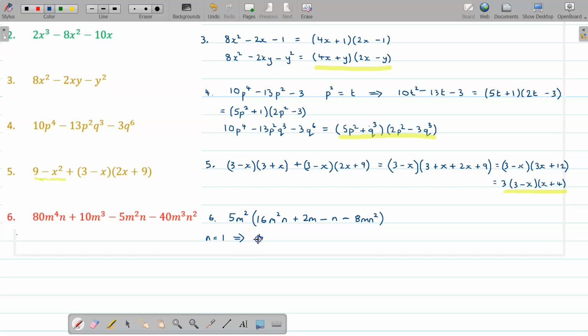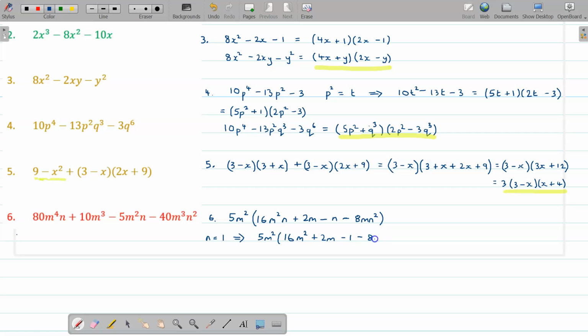Now if we did that, we would still have our 5m squared, but the quadratic that would follow would be in terms of m, and it would be much easier to work with because we're going to have this. The n is now 1, so it's minus 1, and this is just going to be minus 8m here.